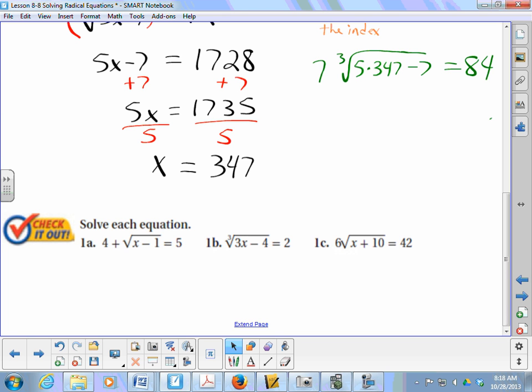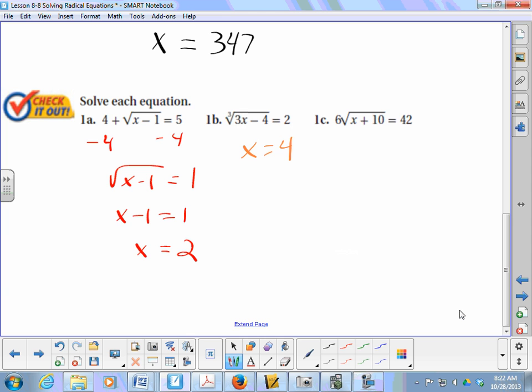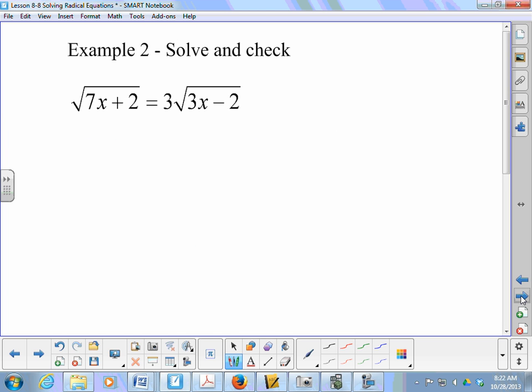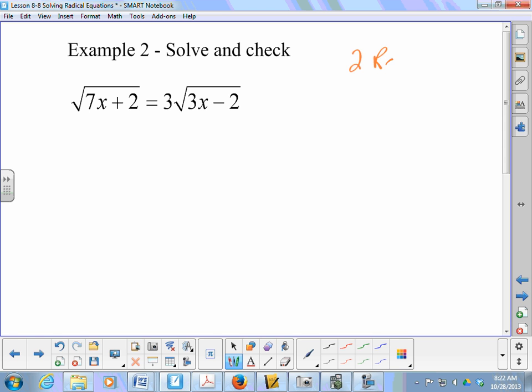Let's do A and B. All right, so if there's one radical, then we want to isolate the radical first, always.